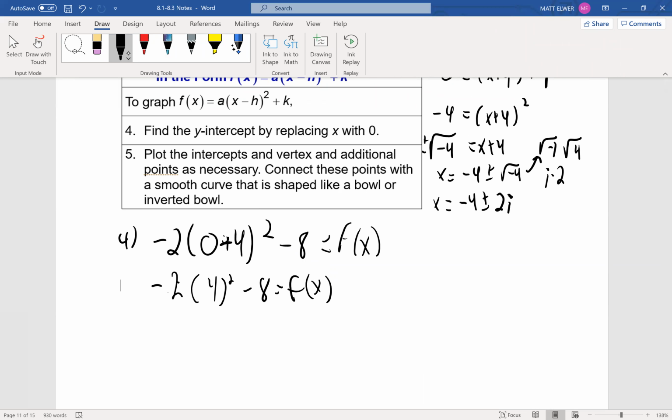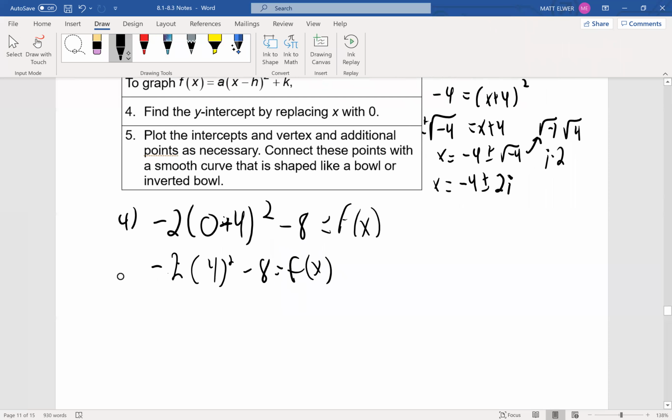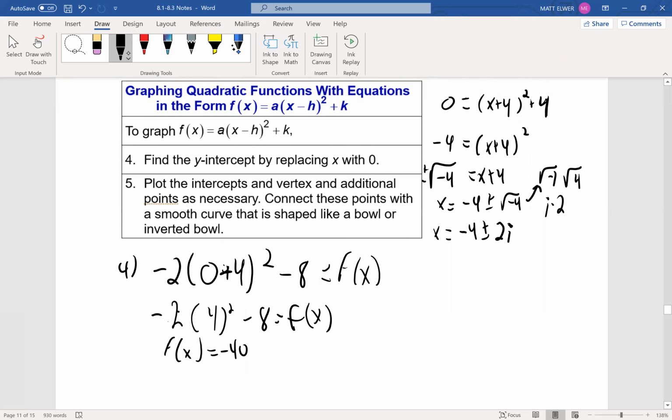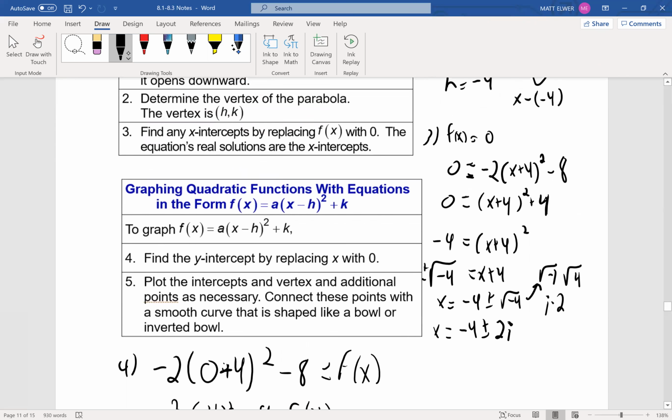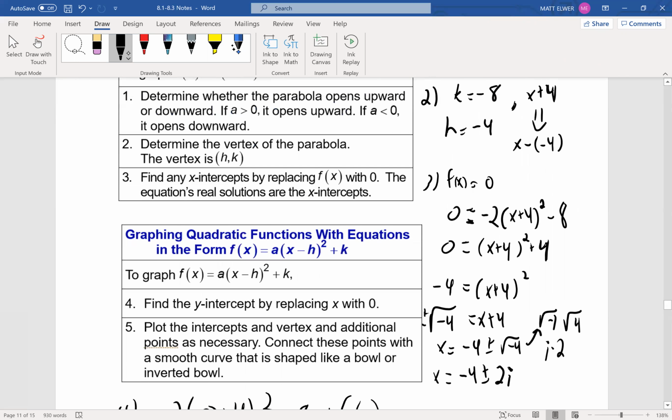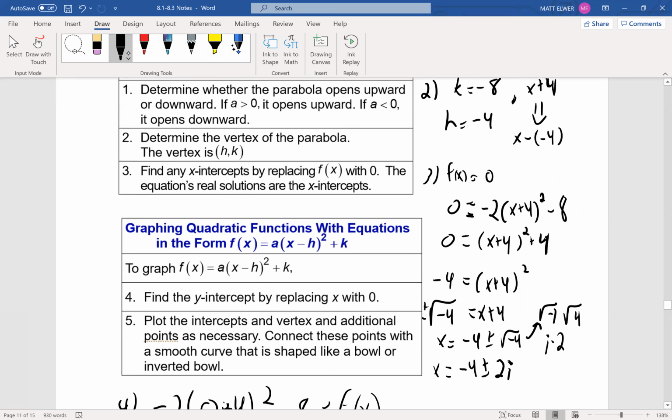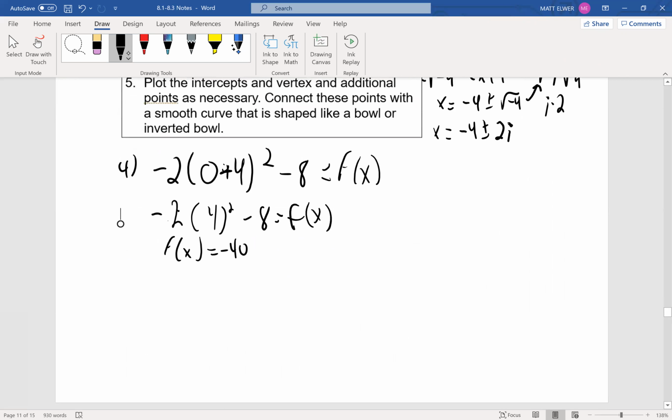And after you work that all out, you get f of x is equal to -40. So now I know my y-intercept, I know my x-intercepts, I know what the shape of the graph is going to look like, and I know my vertex. So we can graph this now. We have everything we need.